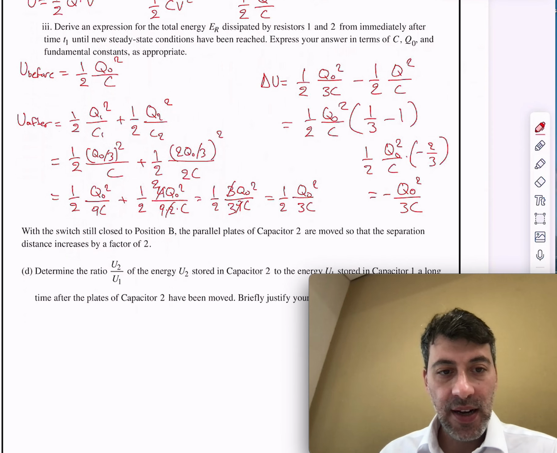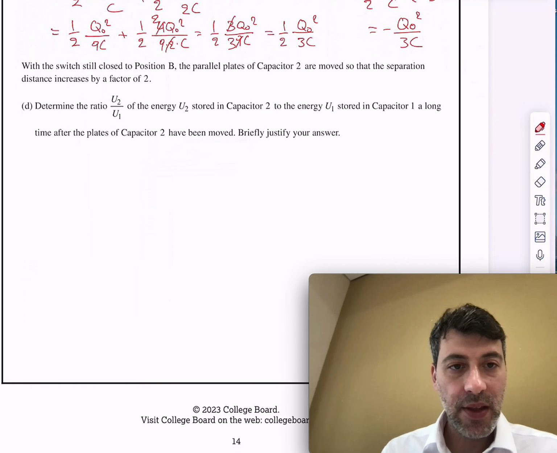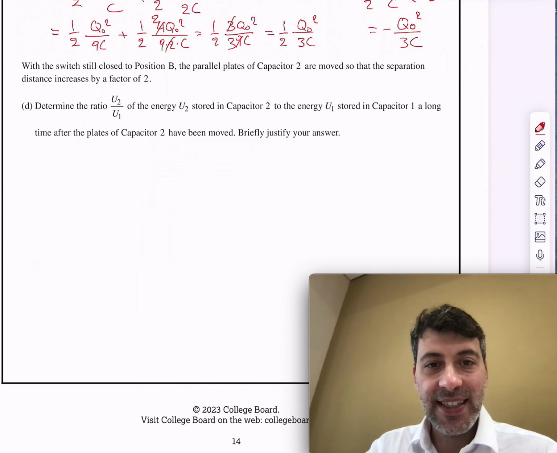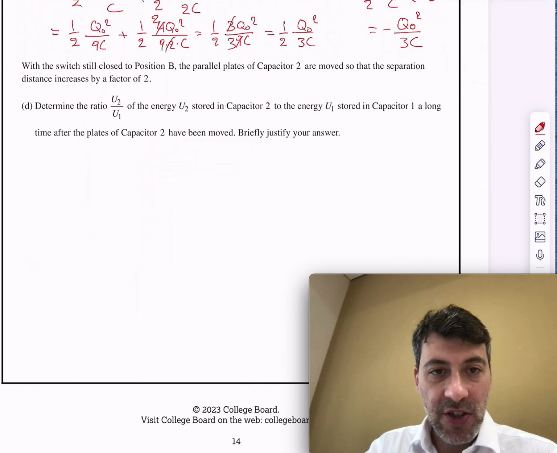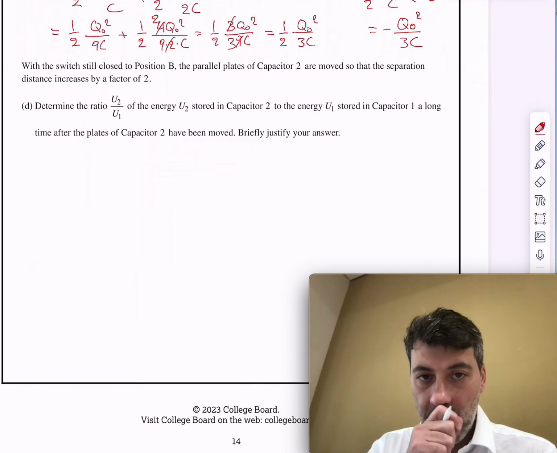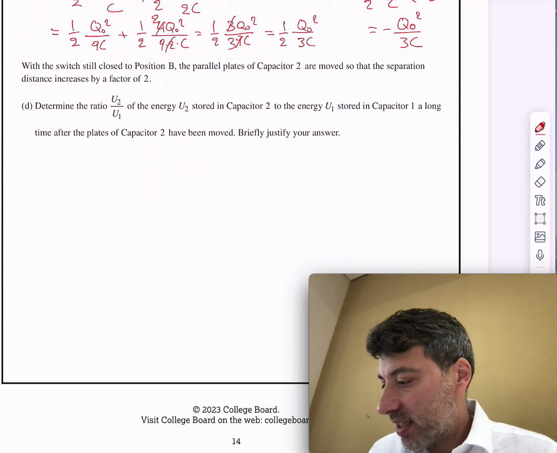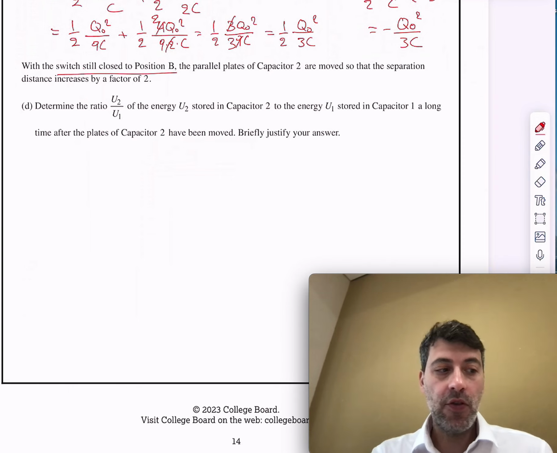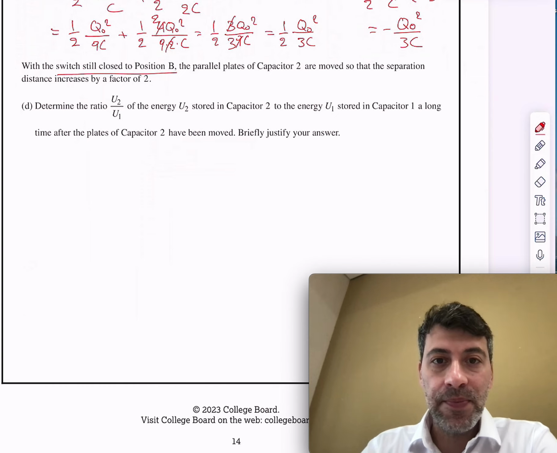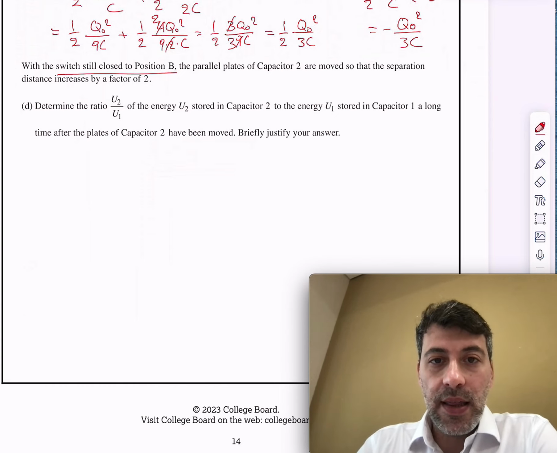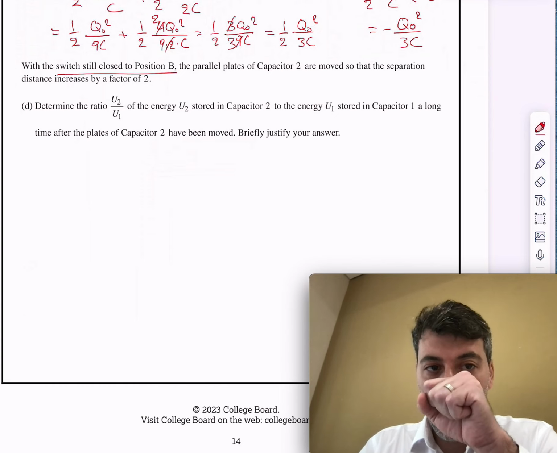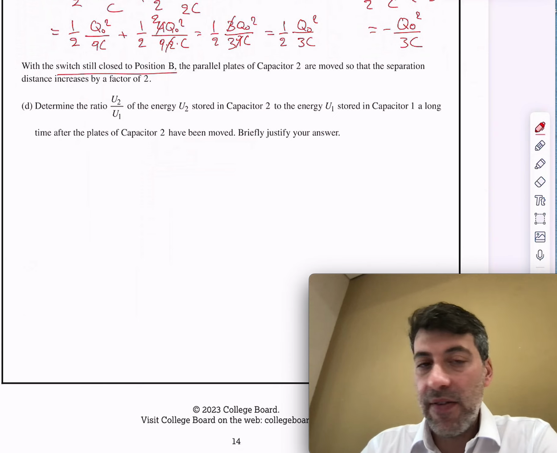And finally, on part D, we need to find the ratio of potential energies. However, something is happening to the capacitor too. He tells us that with the switch still closed to position B, this means that the voltage of that capacitor will stay the same. The parallel plates of the capacitor are moved so that the separation increases by a factor of 2.